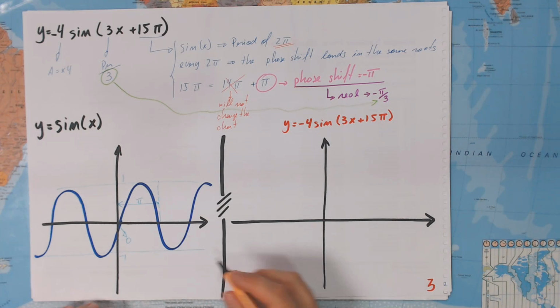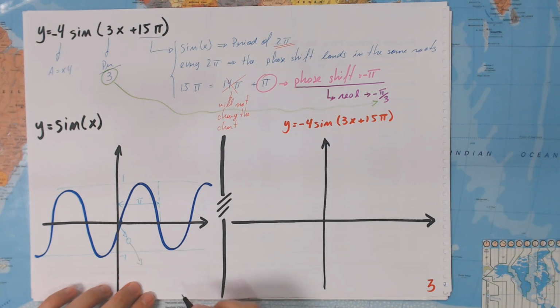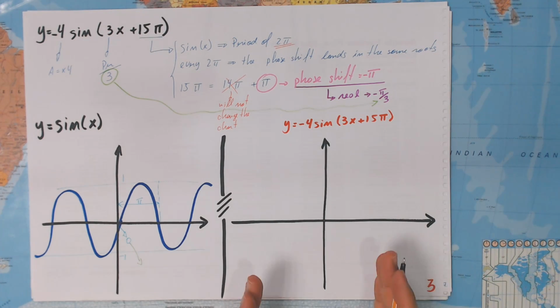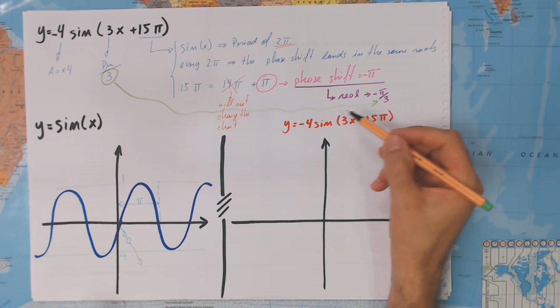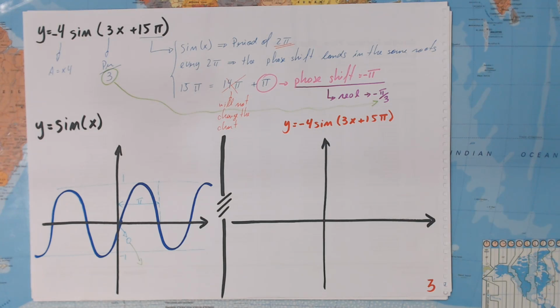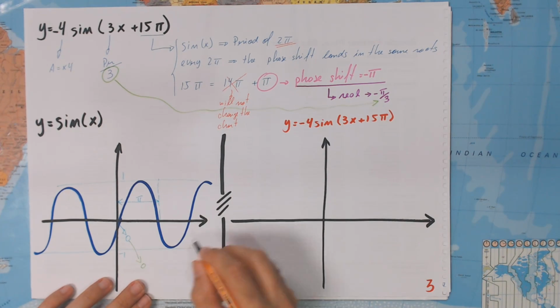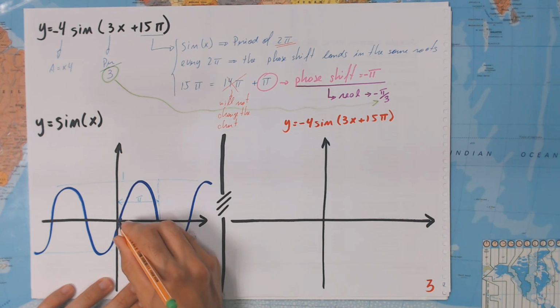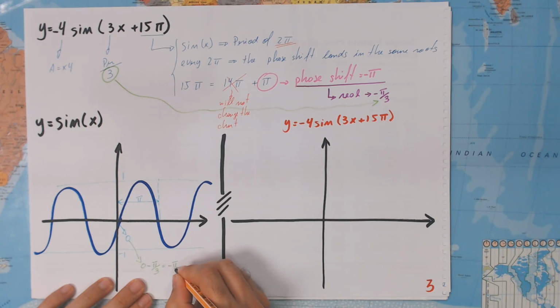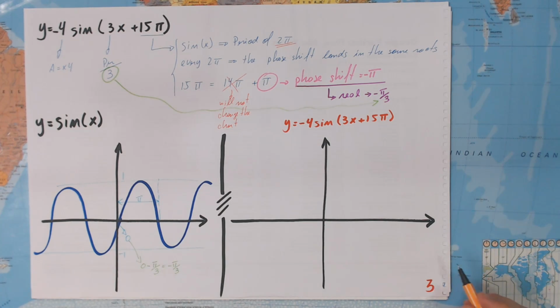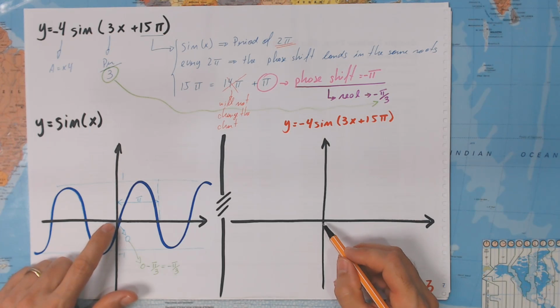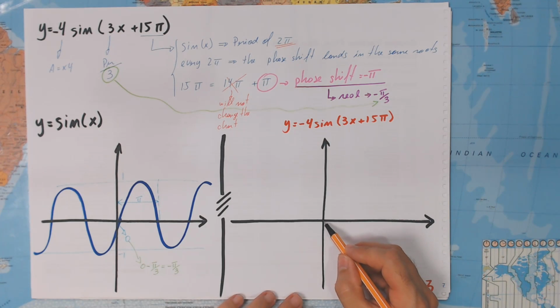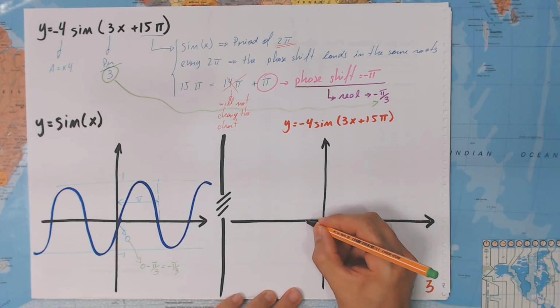In here is going to be what? Let's translate, okay, this guy, pi, I mean, to the left, right? We're going to return pi over 3. So it's going to be 0 plus the shift. But the shift is going to be negative. So this point in here, it is going to be minus pi over 3. So if that point initially was in here, but now we're going to return minus pi over 3.